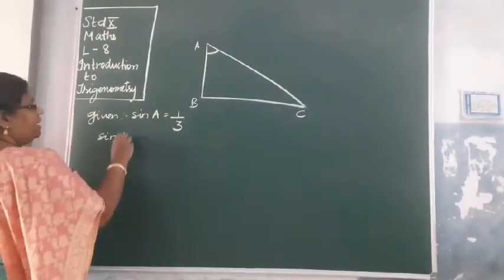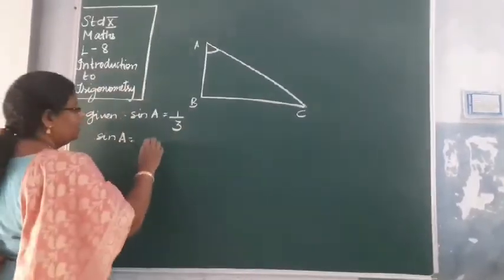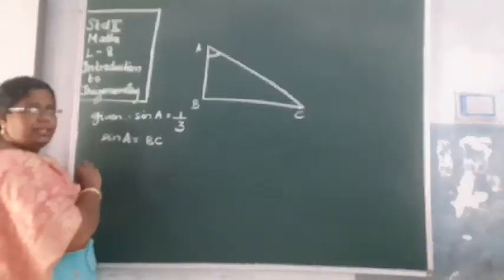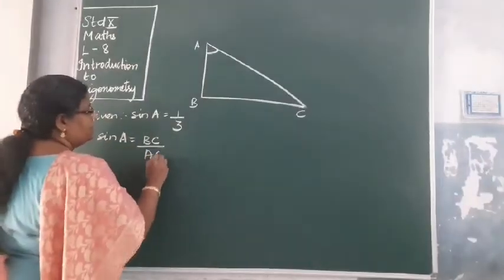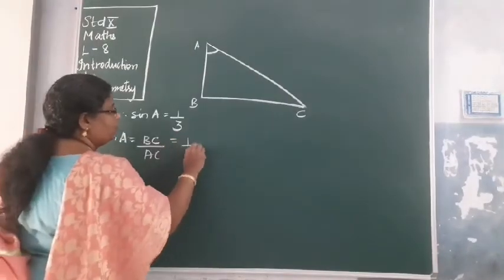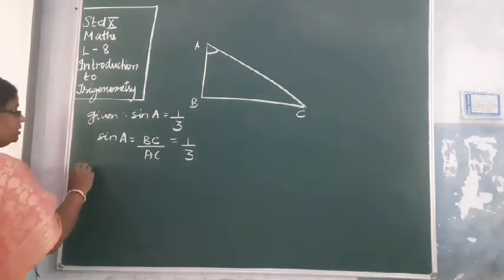Okay, sin A will be equal to the opposite side. ठीक है, opposite side कौन सा है? BC है. Upon hypotenuse, upon AC, which is equal to 1 by 3. Okay, now this indicates what?